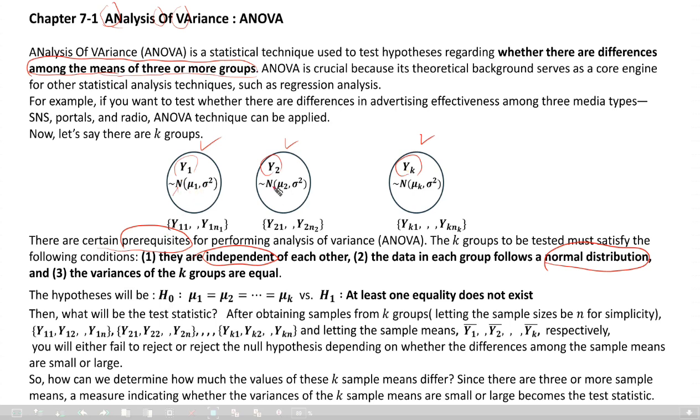Second group, y2, follows a normal distribution with mean mu2, variance sigma square. Same, equal variance. And the kth group, random variable yk, follows a normal distribution with mean mu k, variance sigma square.